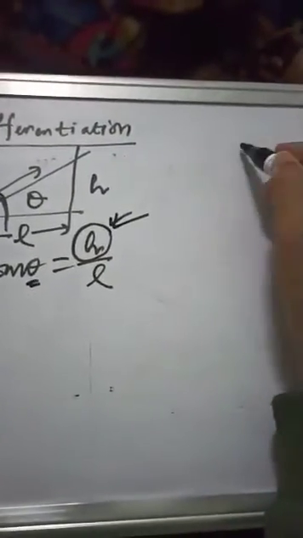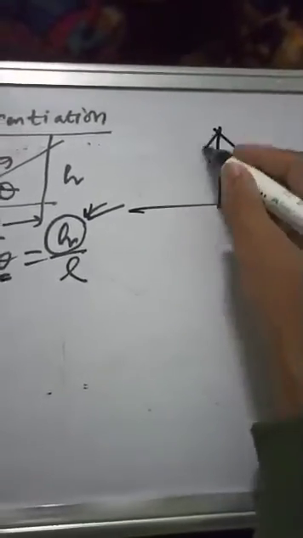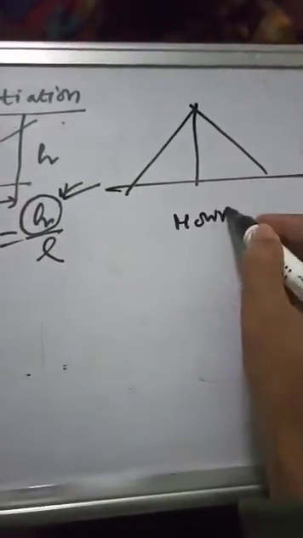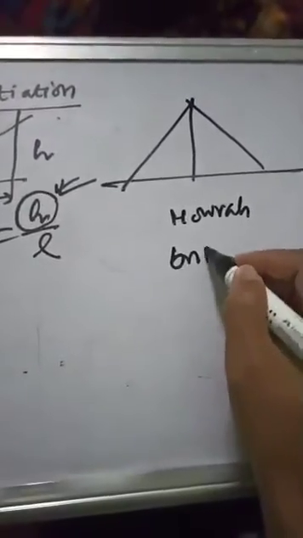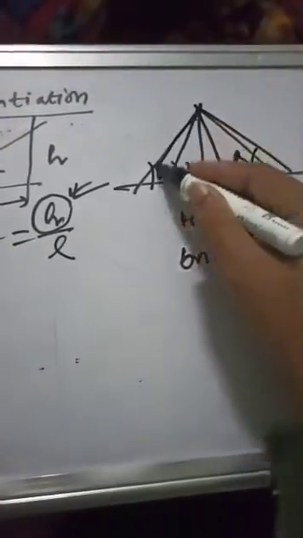Also, if you remember, in Kolkata there is Howrah Bridge. There is a pole and a stand. So here is an angle theta, here is an alpha, here is an angle beta. From here also we can find the slope.